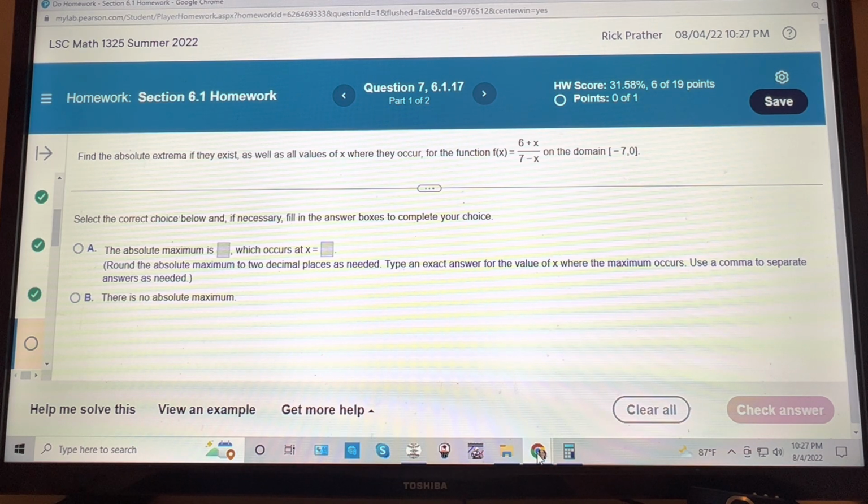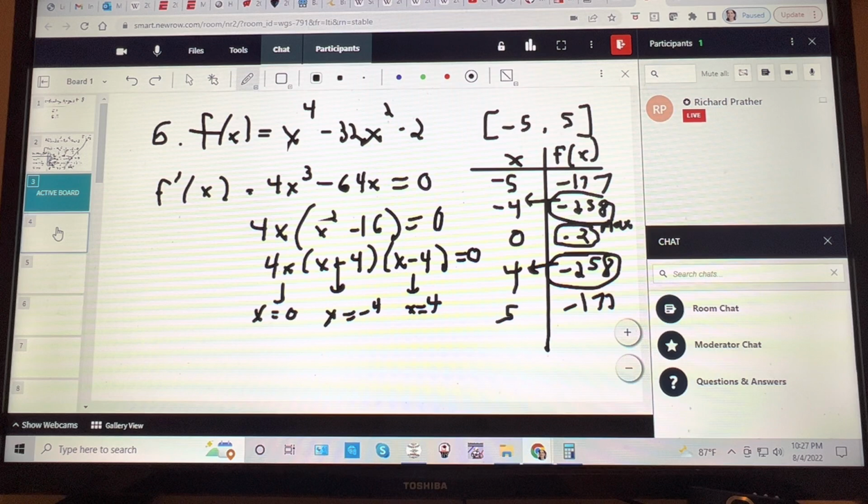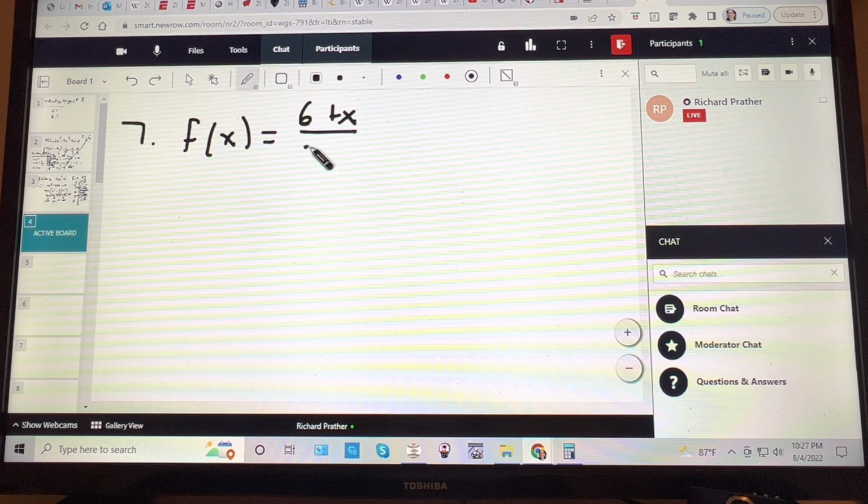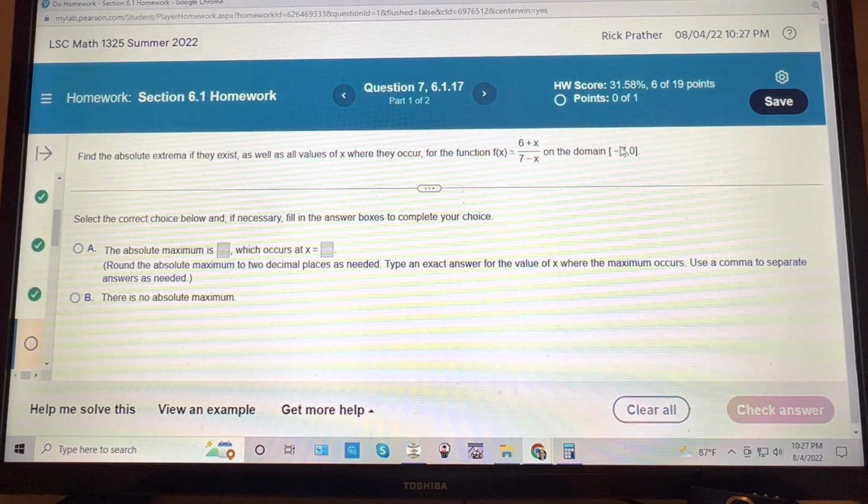It is a closed interval. Six plus x over 7 minus x. -7 to 0. Plus x, 7 minus x.